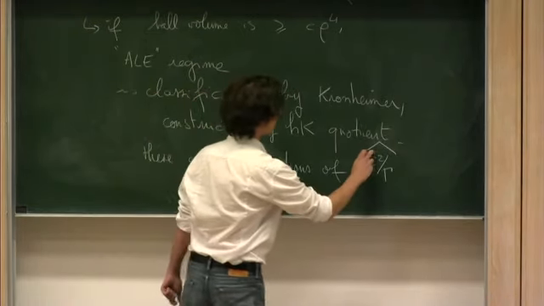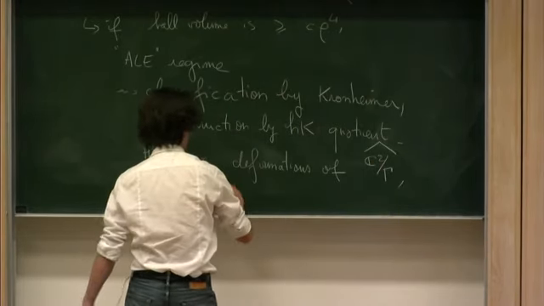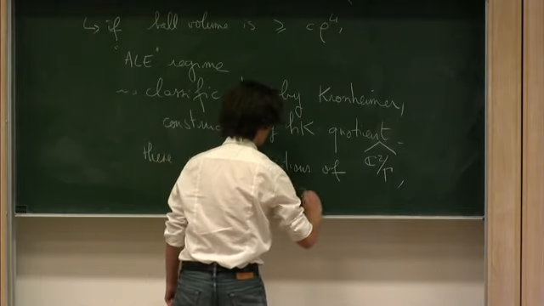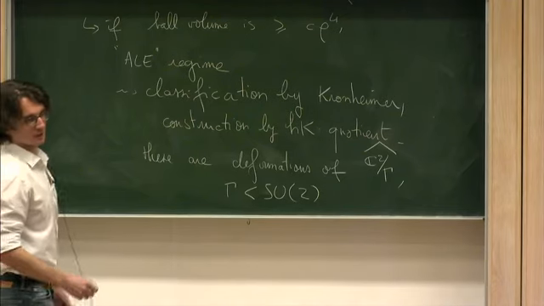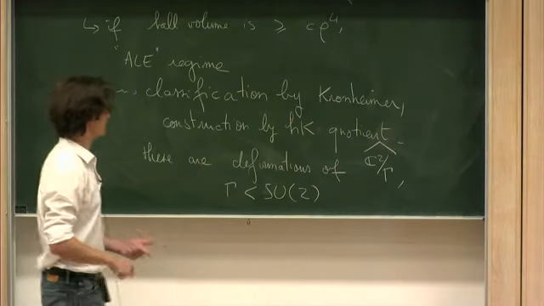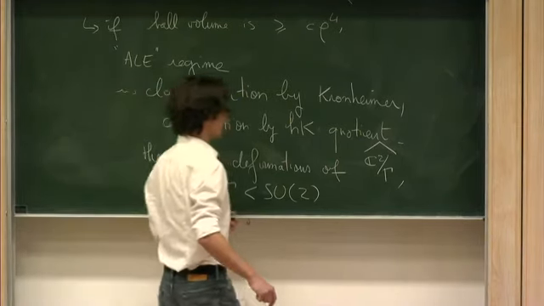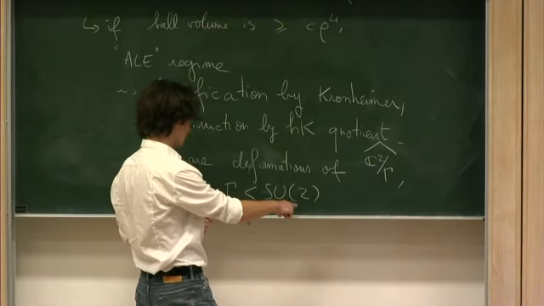I denote the minimal resolution by this hat, where gamma is a finite subgroup of SU2 and can be any finite subgroup of SU2. So it can be any cyclic group, binary dihedral, binary octahedral, icosahedral, or tetrahedral.